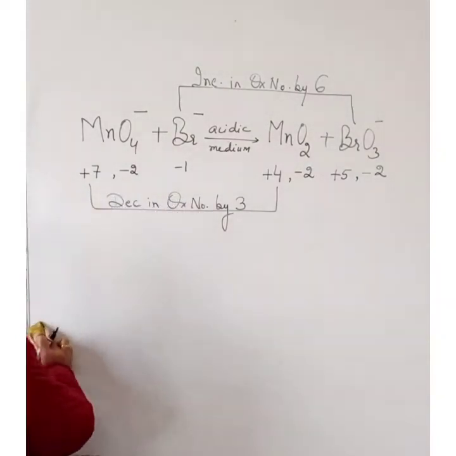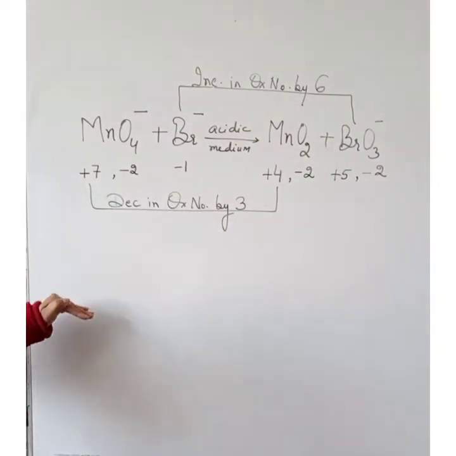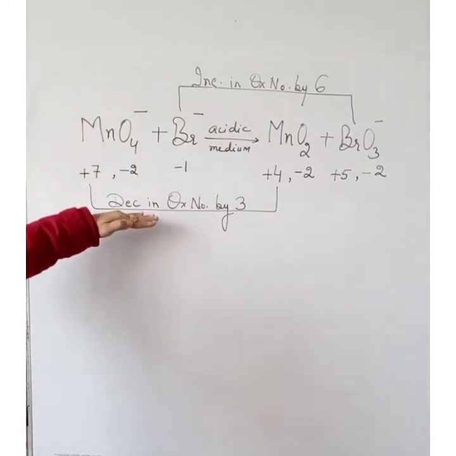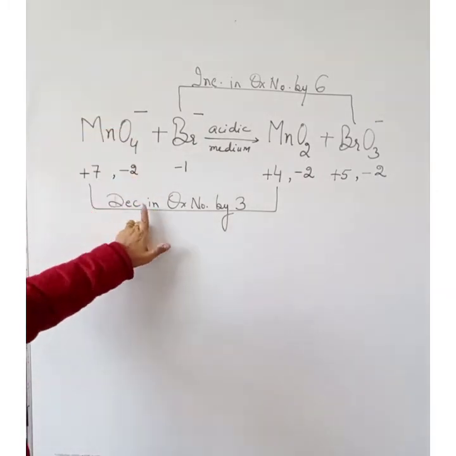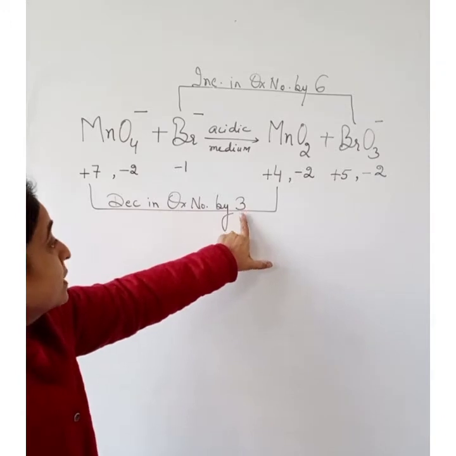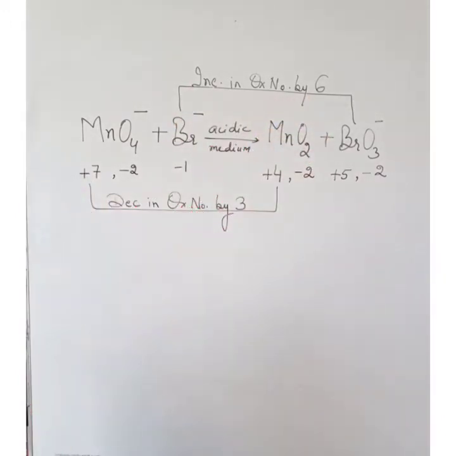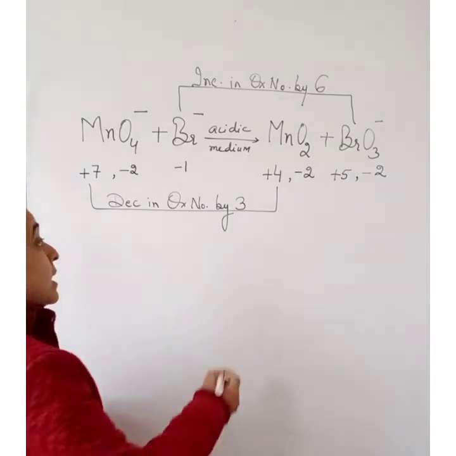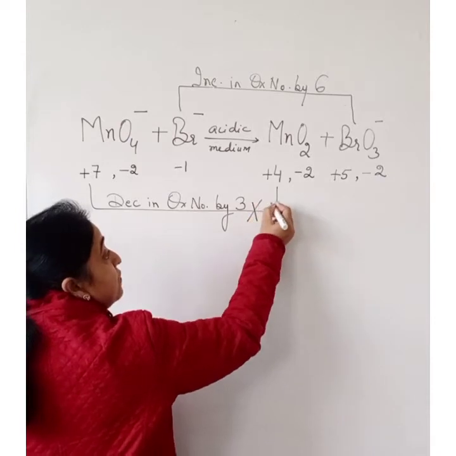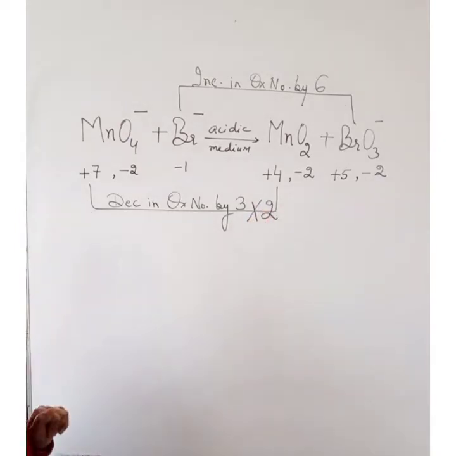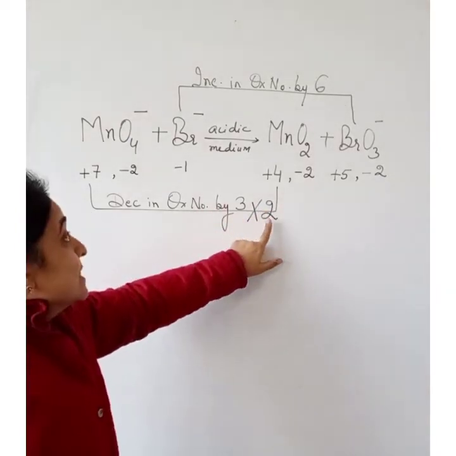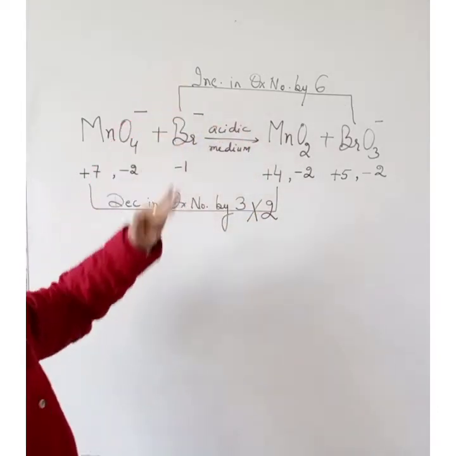Now, the next rule says that balance the change. Here there is decrease in oxidation number by 3 and here there is increase in oxidation number by 6. Now for balancing we have to multiply by a suitable coefficient. If I multiply this by 2, 3 2s are 6 and 6, so the change is balanced.